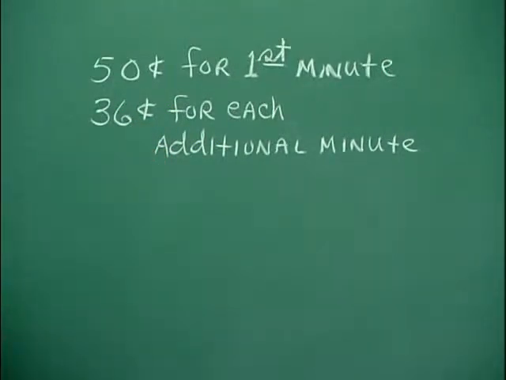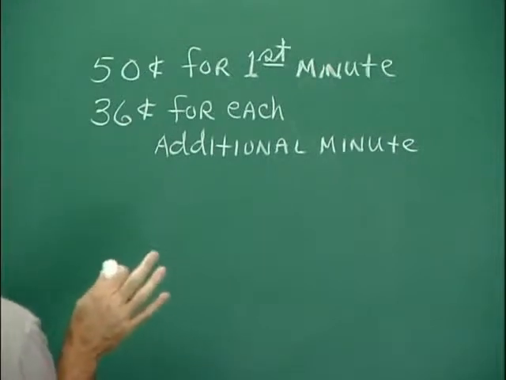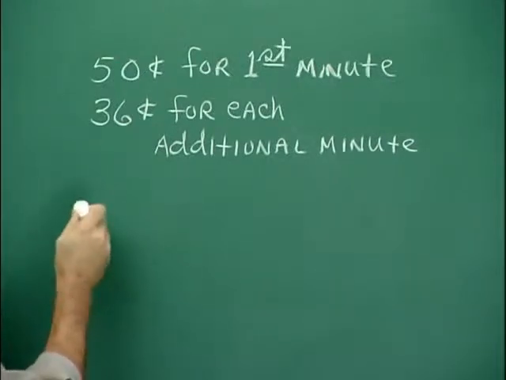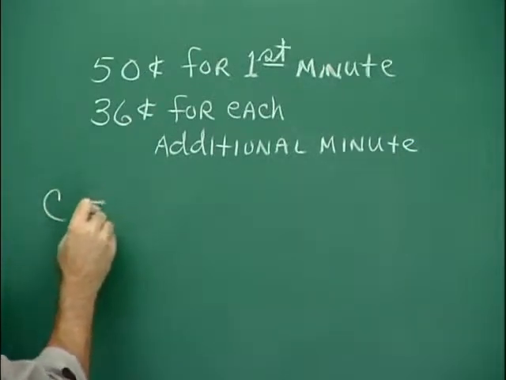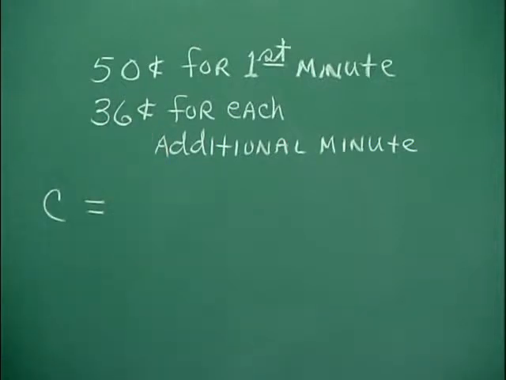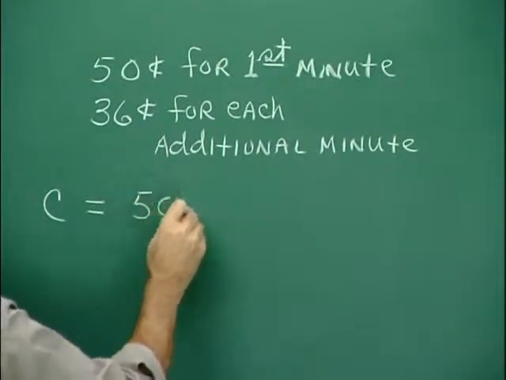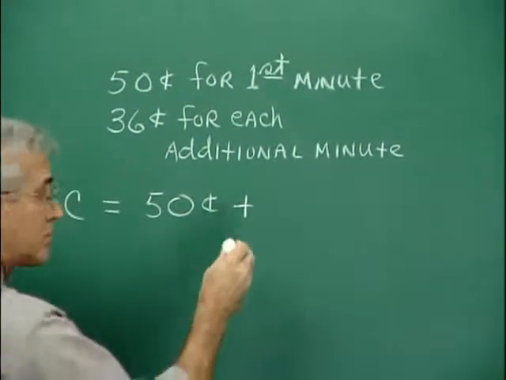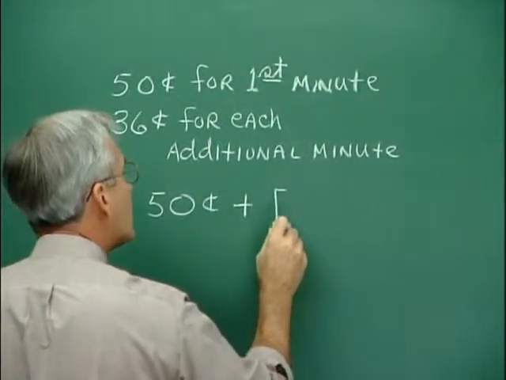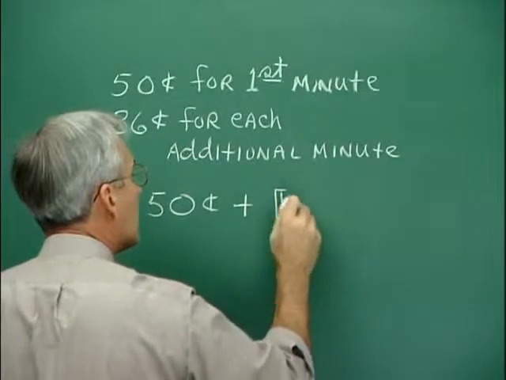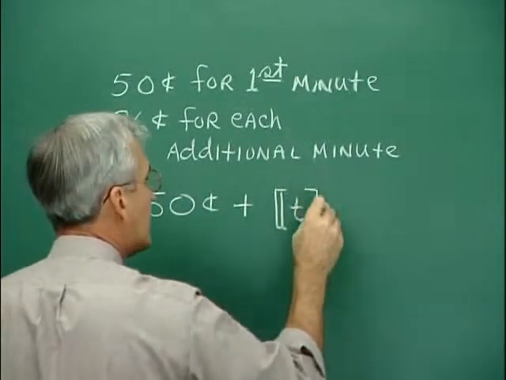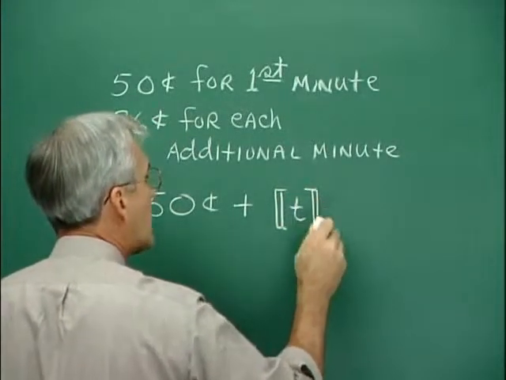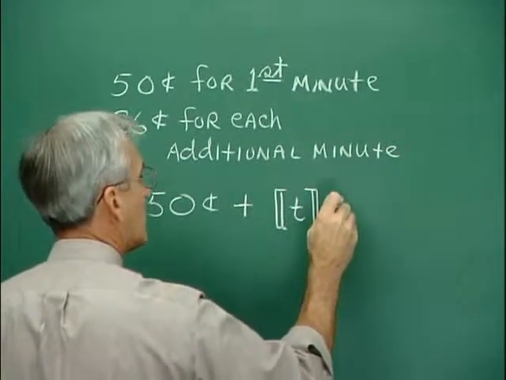You see, and so let's write an equation for this, and it'll be a step function. It's a cost idea, or the cost of these telephone charges is, it's 50 cents is the fixed charge plus the greatest integer in an amount of time in minutes times 36 cents.